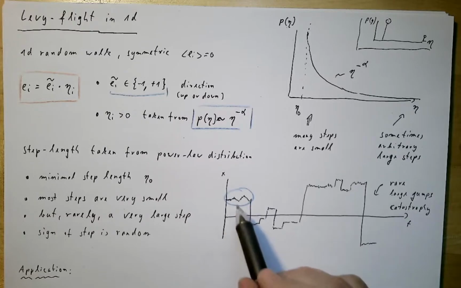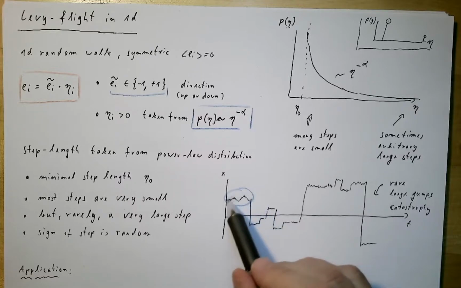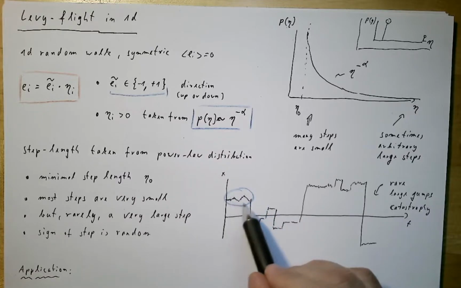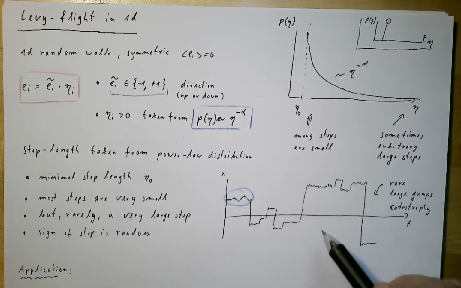Yeah. So this means short-term observation might give a very wrong prediction about the behavior of the system in the long term.